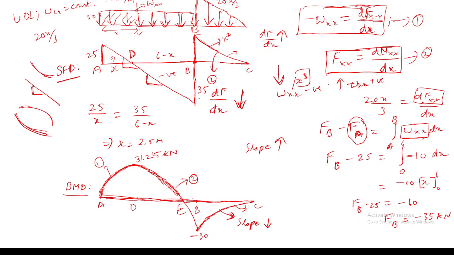Okay, up to this it is clear. So at point B itself, we are having two shear forces, right? So this we have taken only for section BA. Similarly, we can do it for section BC also. For example, Fc minus Fb equals the integration from B to C of Wxx dx, and in this case Fc equals 0.